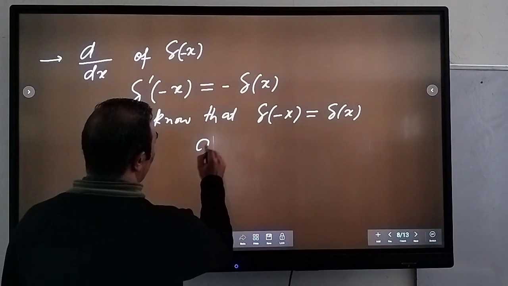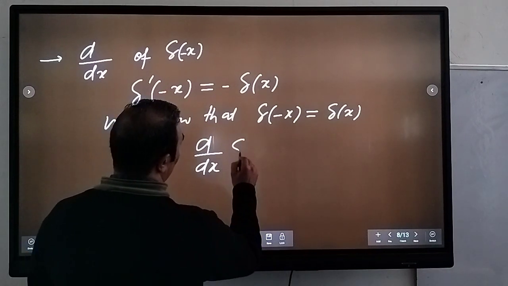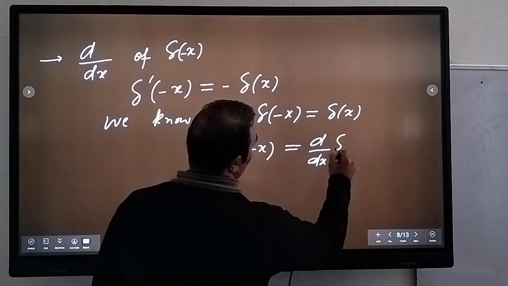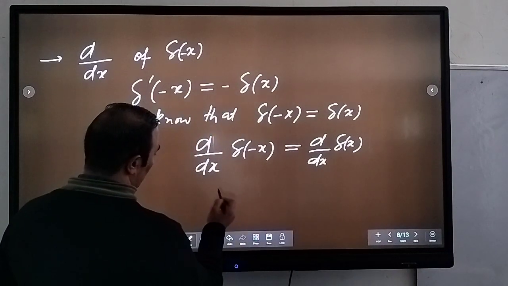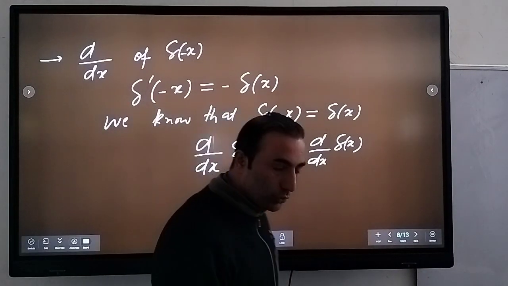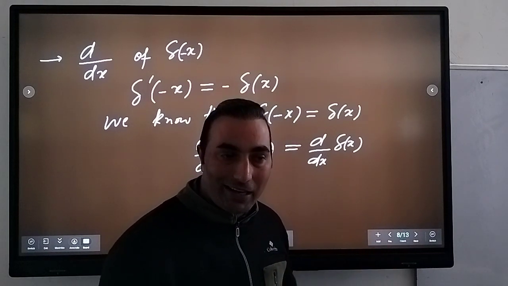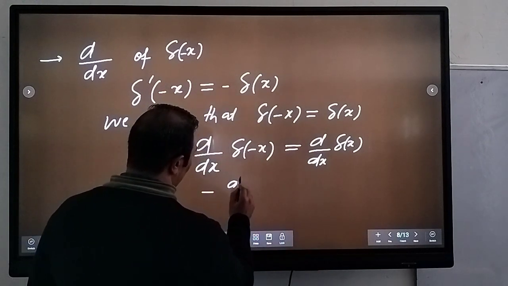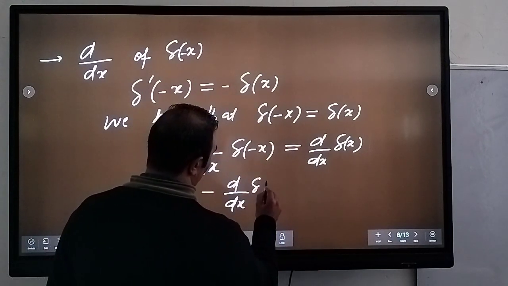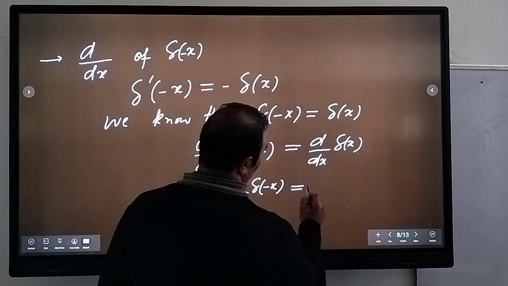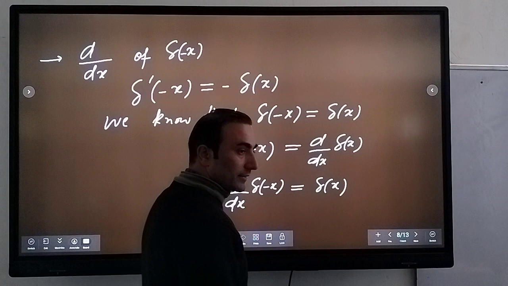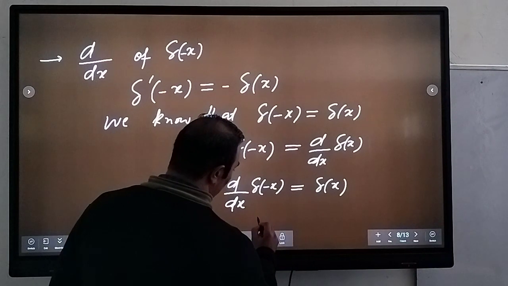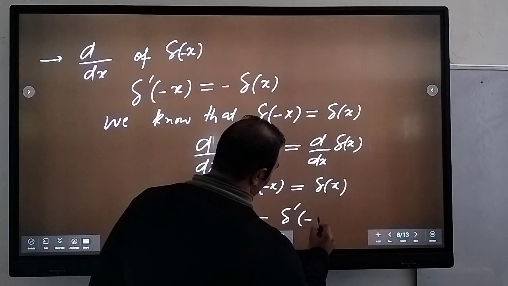If I take d by dx of this, this will be equal to d by dx of delta of minus x and the differentiation of minus x, so this will be -1, right? So it will be minus times d by dx of delta of minus x, and delta prime of x, because on our right hand side, when you differentiate x, it is equal to 1. So you will get this. Or you can write that minus times delta prime of minus x, sorry, what did I write here?